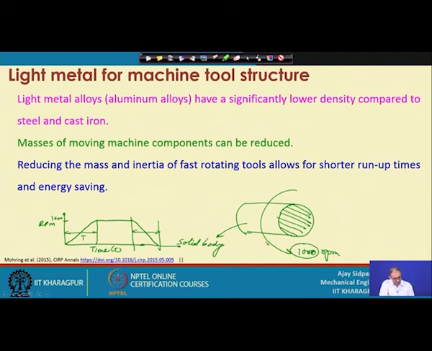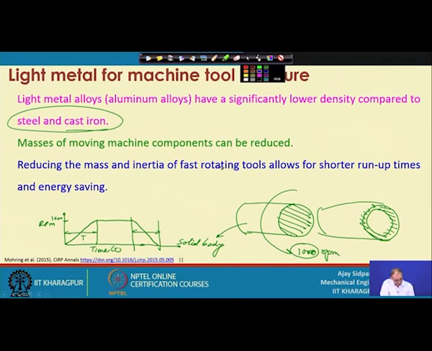Now, consider this particular object. Now, you have a hollow object. That is one of the solutions, that you can change this body, so now it is a lightweight structure.